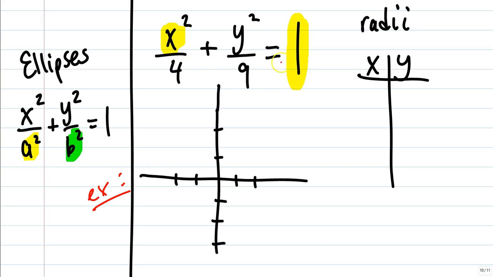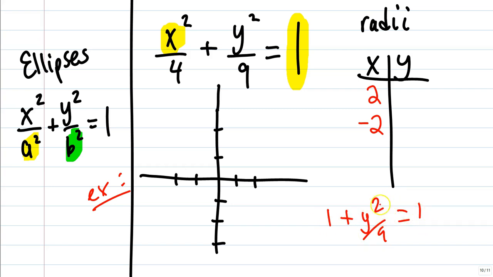X would be, this whole thing would be a 1 if x were 2, or if x were -2. Why? Well, 2 squared would be 4. 4 divided by 4 is 1. Why is that important? Well, because I end up with 1 plus y squared over 9 equals 1. 1 plus what is 1?